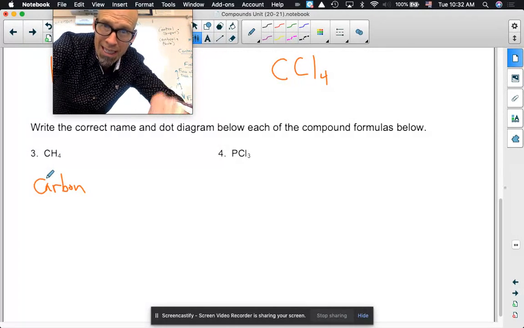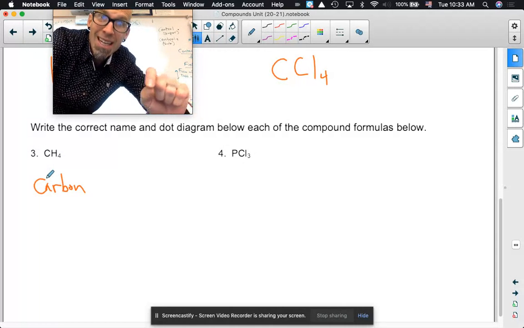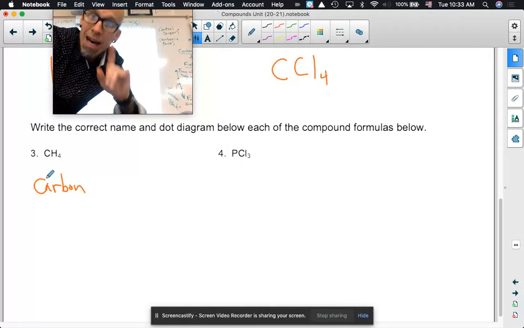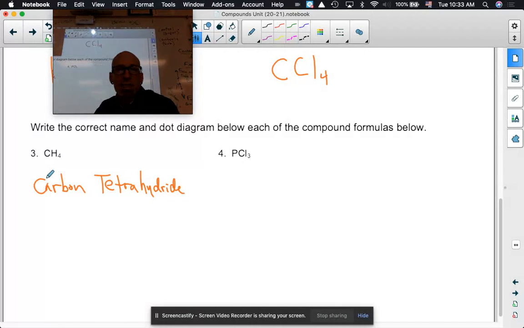Because nitrogen is nitride, oxygen is oxide, so we lose the ogen and just put ide in its place. So carbon, tetra, because there's four, hydride. Carbon tetrahydride.